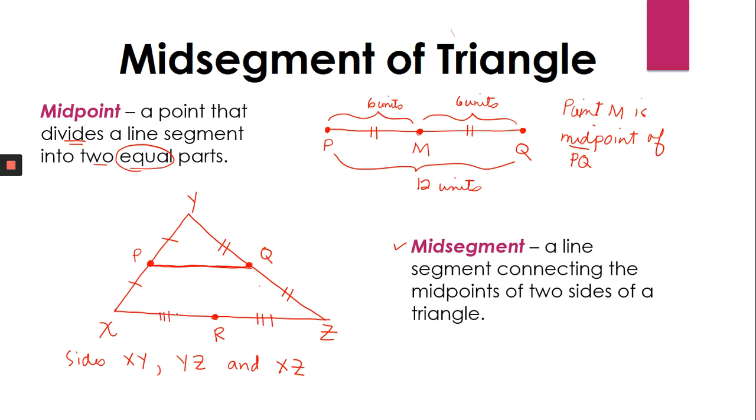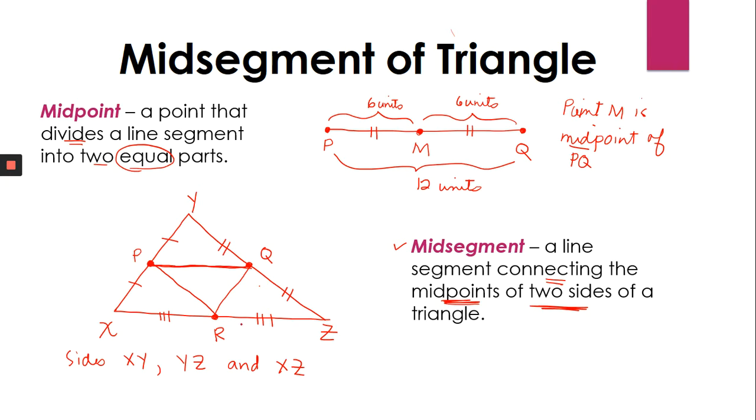If I join point P and point R, this is another mid-segment. If I connect point Q and point R, which are both midpoints of the sides, then QR is also a mid-segment. So a mid-segment connects two midpoints of the sides of the triangle.